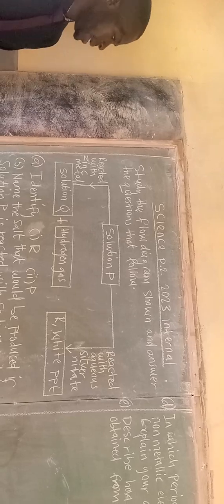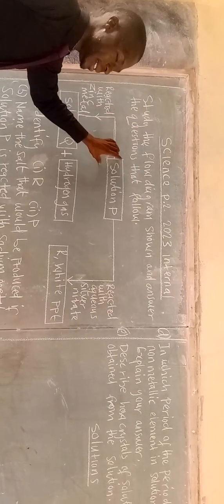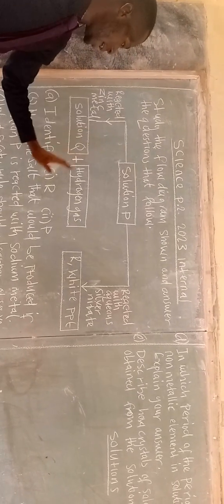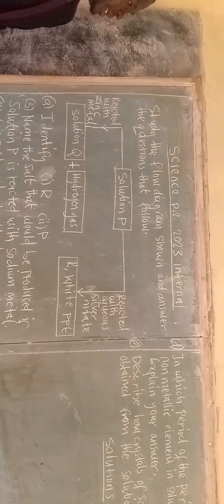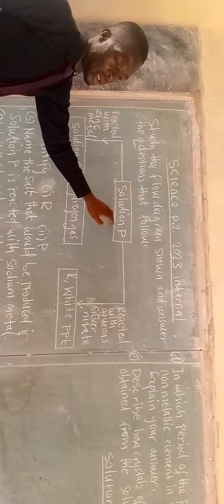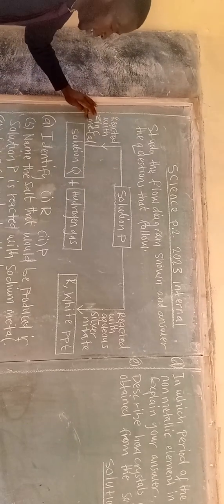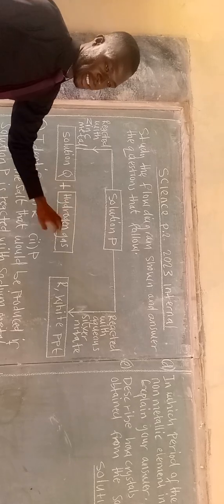So the first thing there, we need to study this table very well in order to identify R and P. So when this solution P is reacted with the zinc metal, it will produce solution Q plus hydrogen gas.